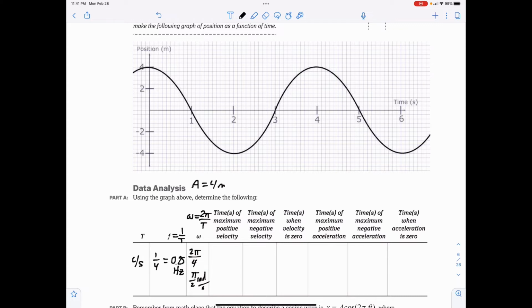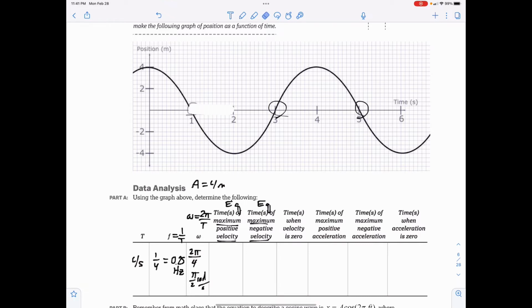Okay, so max, let's work this out. Max velocity, we'll work out positive and negative in a minute, but max velocity occurs at the equilibrium position. So equilibrium, let's start there. That would be 1, 3, and 5 seconds.